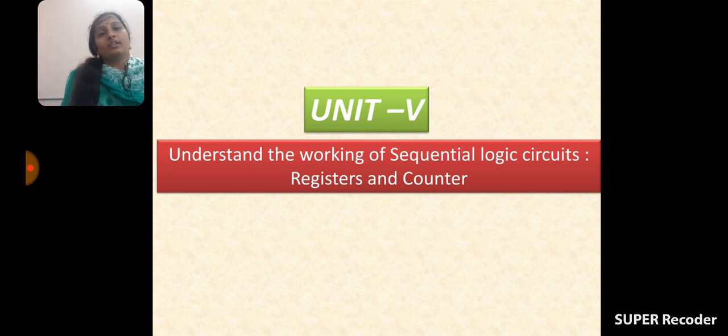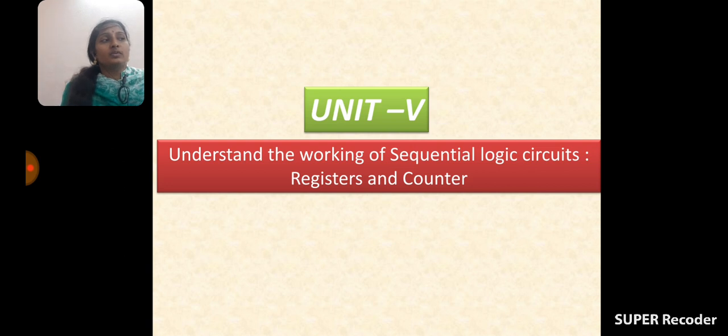What is meant by race around condition? If we apply both inputs high in a JK flip-flop, that means J equal to K equal to 1, the output is not in hold condition or constant. It tries to attain 0, but goes back to 1, and it is not able to attain 1, so it goes back to 0.